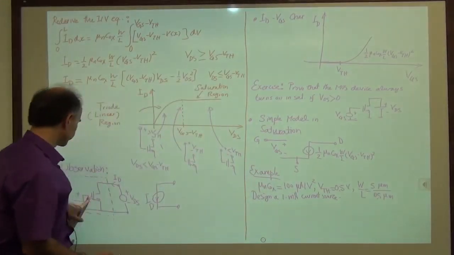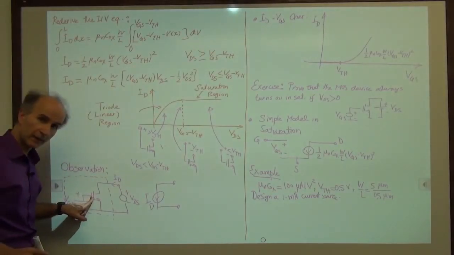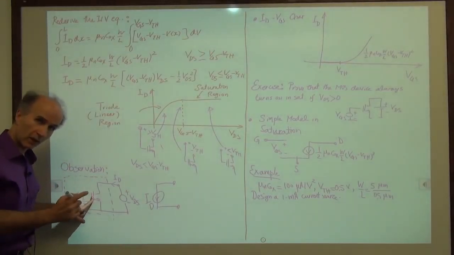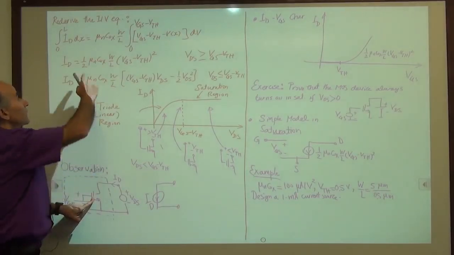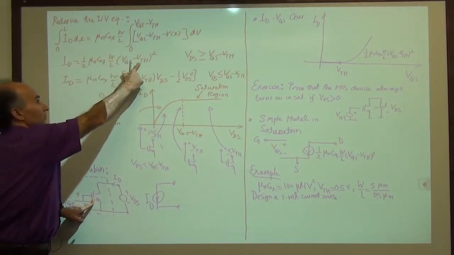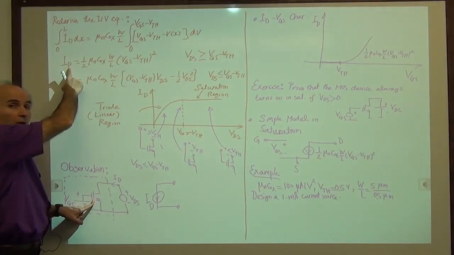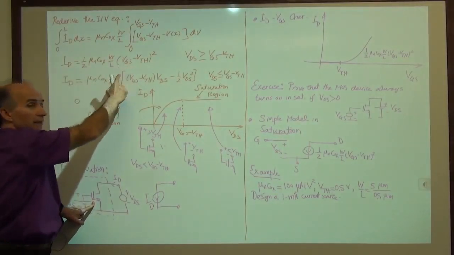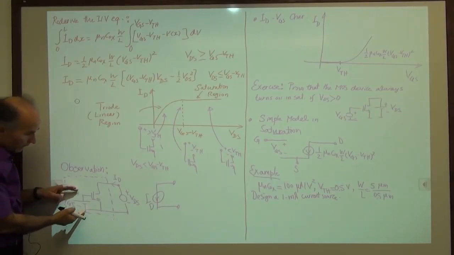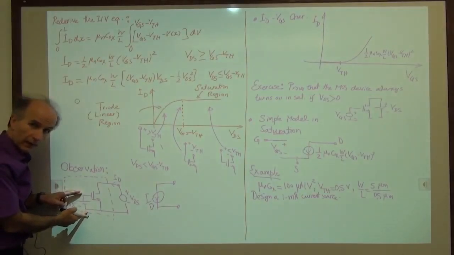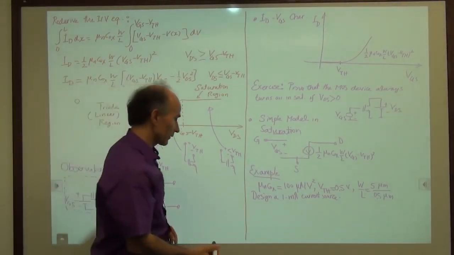If I go back here, I have a device. I know it's mu n C ox and W over L. So I know this, I know this, I know the threshold, and I know the drain current. What do I need to find? It's just VGS, right? So I need to find out the battery voltage that is connected between the gate and the source. So let's go ahead and do that.